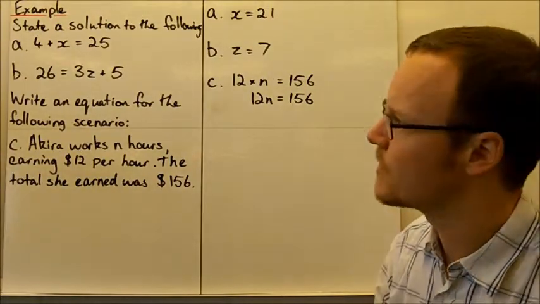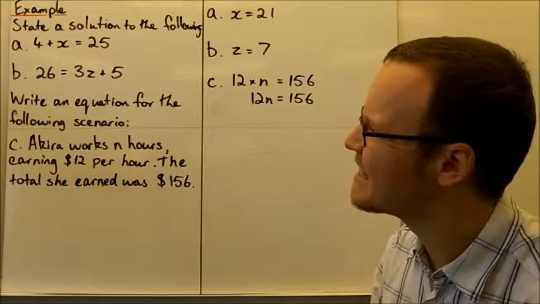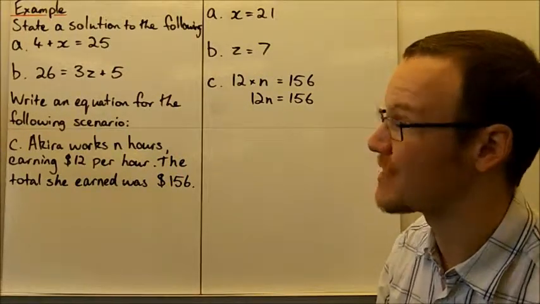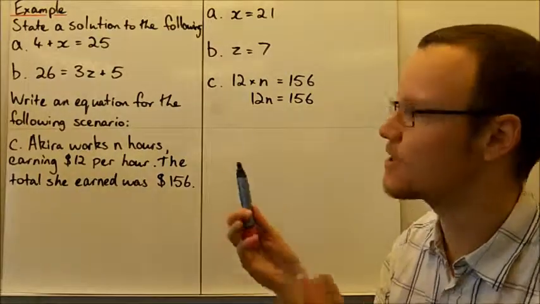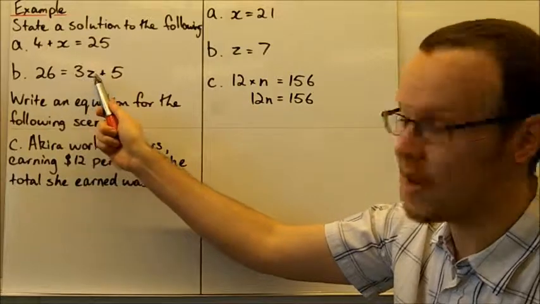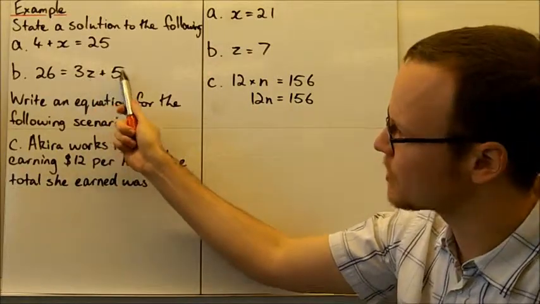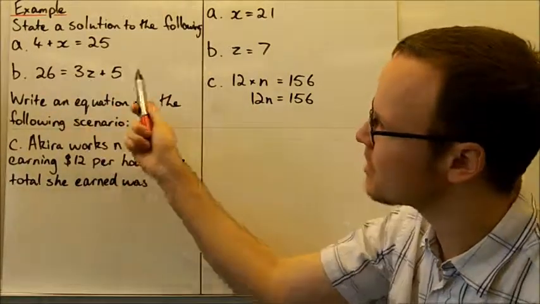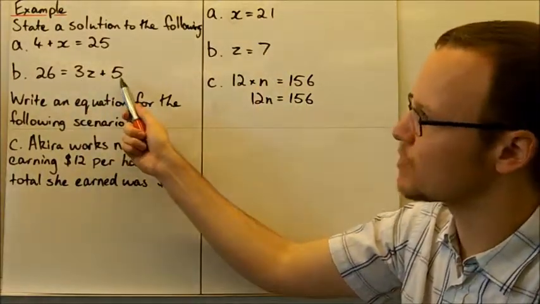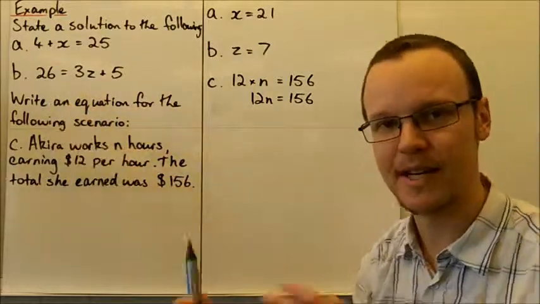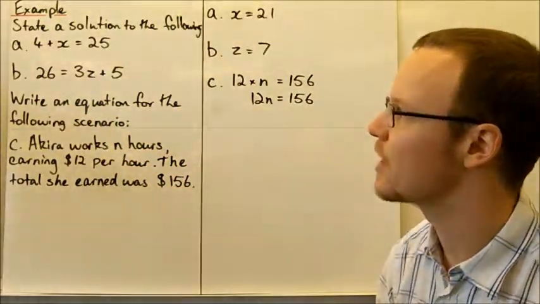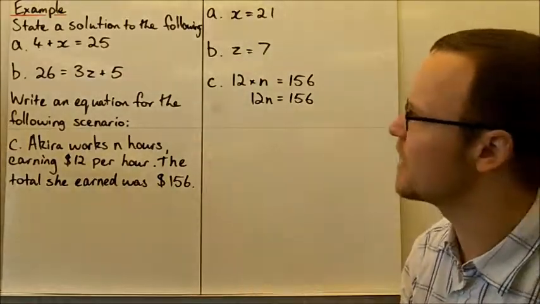That's too low. 3 times 8 is 24, plus 5 is 29, so that's too high. So let's try z equals 7. 3 times 7 is 21, and 21 plus 5 is 26. So z equals 7 makes both sides of our equation the same, and it makes it a true statement.